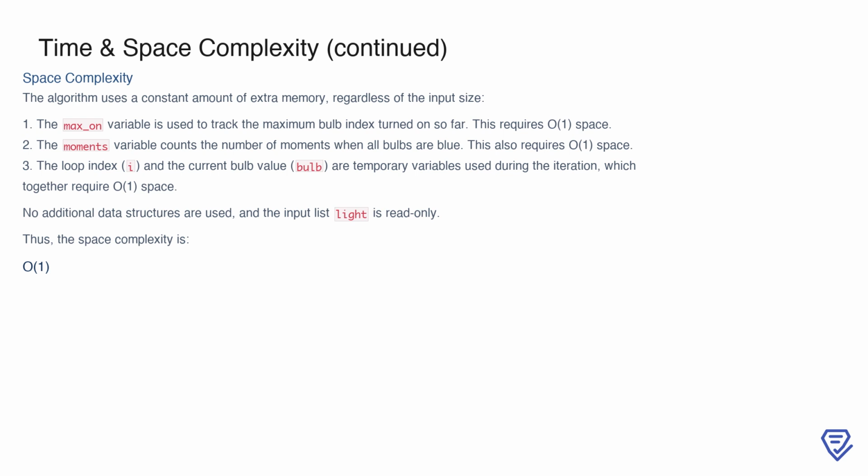Additionally, temporary variables like the loop index i and the current bulb value bulb are used during iteration, but these also consume only O(1) space. No additional data structures are introduced, and the input list light is accessed read-only. Thus, regardless of the input size, the space complexity of the solution remains O(1), making it highly memory efficient.